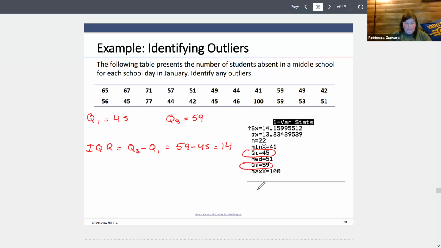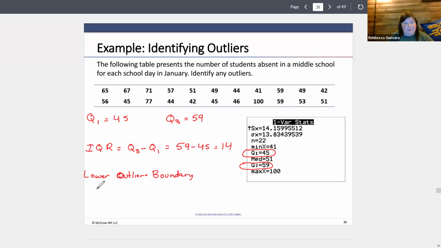Usually they're going to come out much messier than this one here. So what we need to do is find our lower outlier boundary. And remember, this data is not in order, so we can't just look at it and see what the boundaries are.